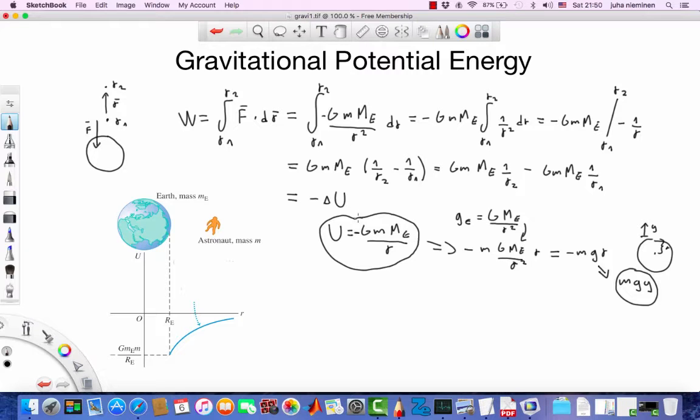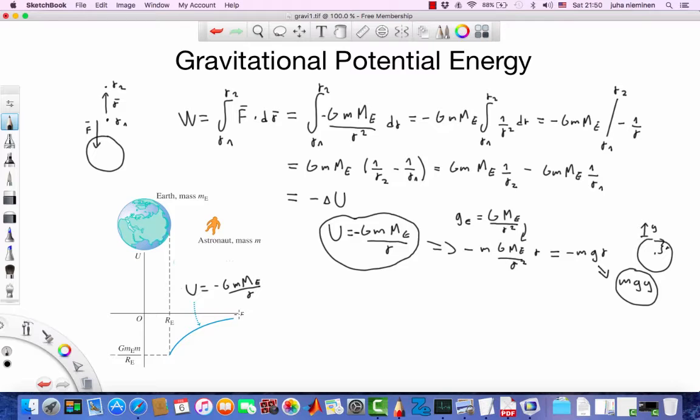Here on the left, we have plotted this U function. So this is minus G M M_e divided by r. And because of the negative sign, this means that the gravitational potential energy is always negative.